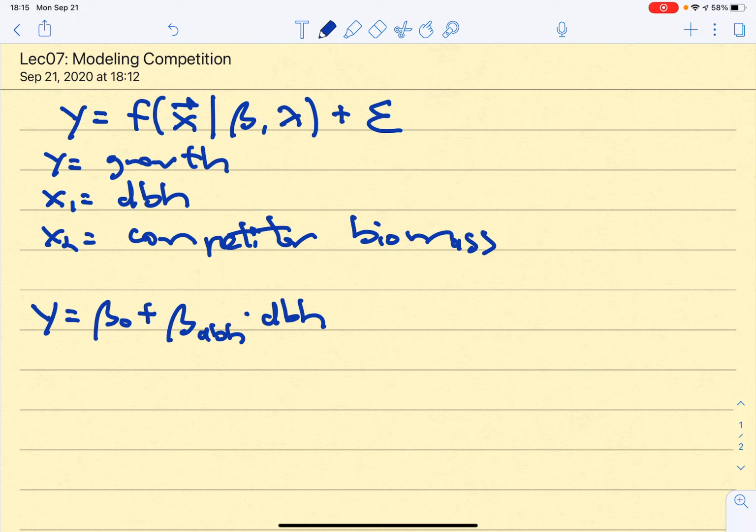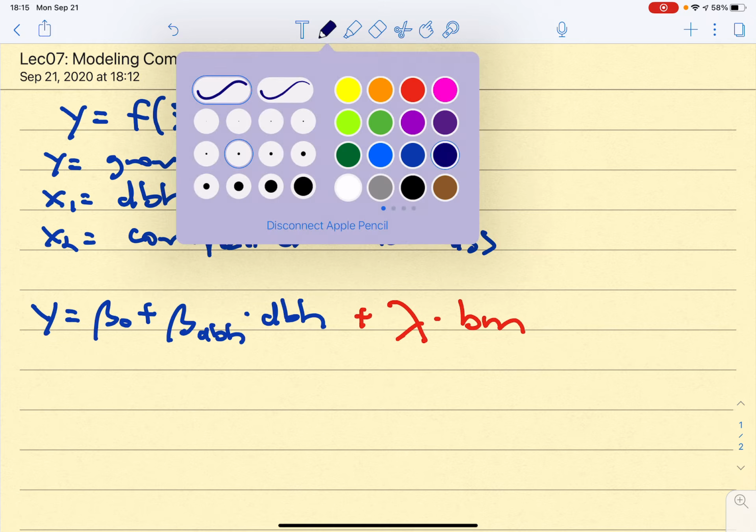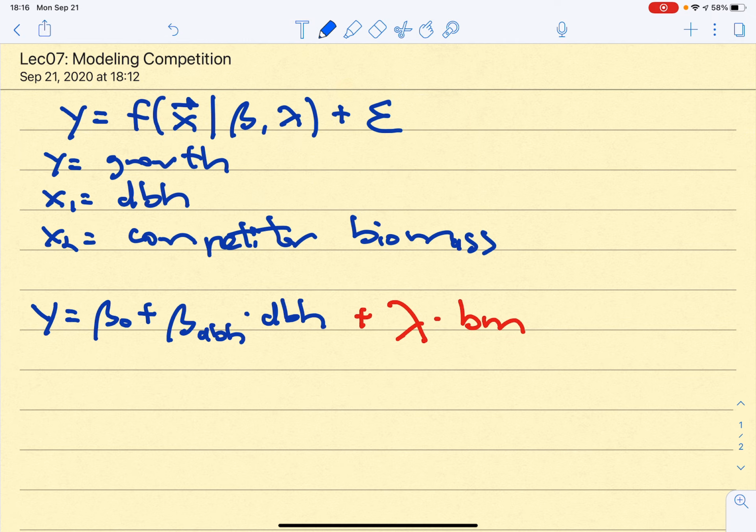So basically, you want to account for the starting dBH. But here's where it gets interesting. Plus lambda times competitor biomass, meaning you add up all the biomass of all the competitors, compute BM, and then you have the slope for that BM. Plus an error term.